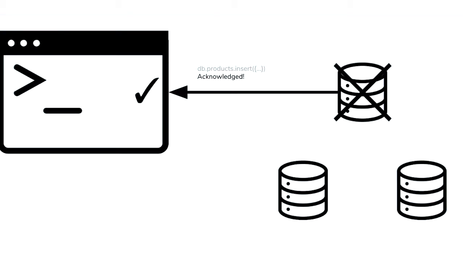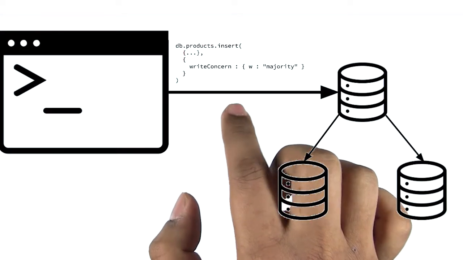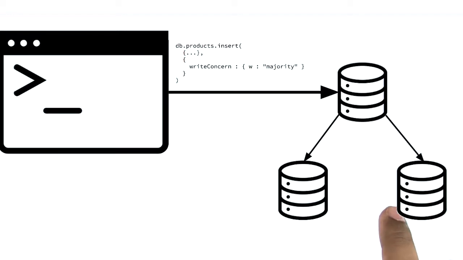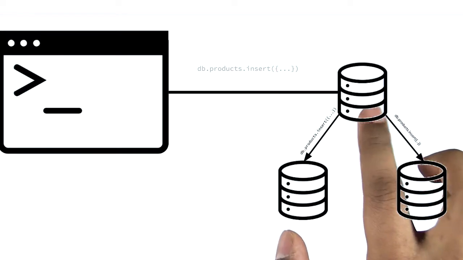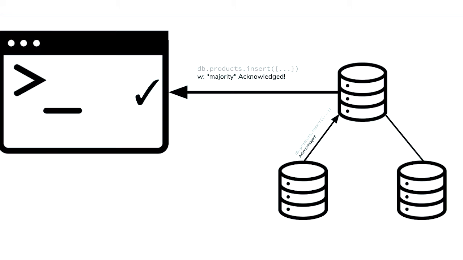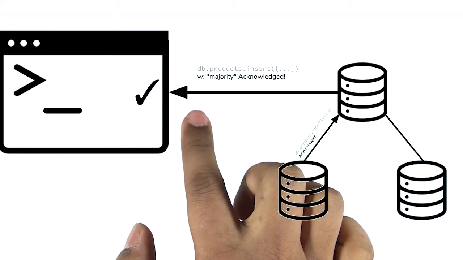Let's imagine the same scenario, but with a write concern of majority. That means we now need an acknowledgement from 2 members of our 3-member replica set. The application waits until the primary reports that at least one of the secondaries has also acknowledged the write. With 2 acknowledgements, the application can consider the write a success.